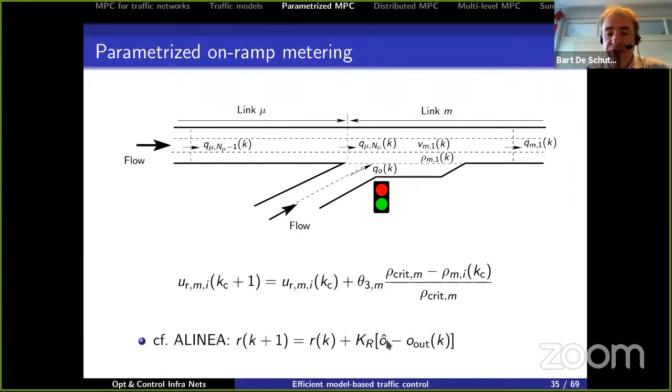So this is related to how much or for how long a sensor detects a vehicle, but there is a relation between this occupancy and the density. So actually, these 2 relations are similar. The only difference is that in Alinea, the gain would be constant, whereas in parameterized MPC, we can actually update or re-optimize the gain regularly. So that is for highways.